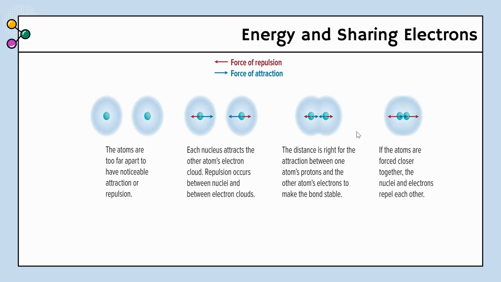We're actually not going to deal with this level of sophistication going forward. Just know that there's some distance where that energy is minimized and we have a covalent bond. Medium energy to start, high energy when these are far apart, lowest energy when they're closest together in that covalent bond, and high energy again when they're smushed together.